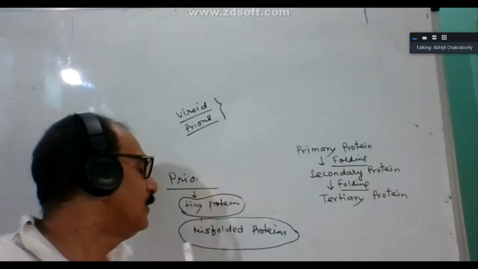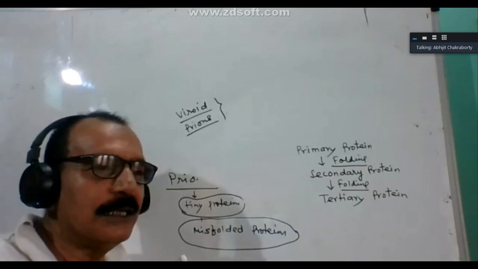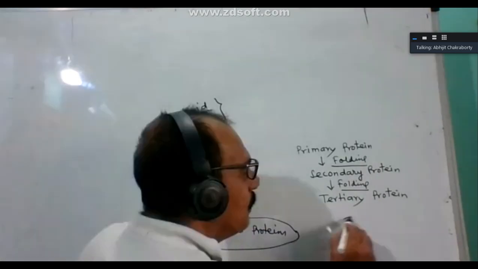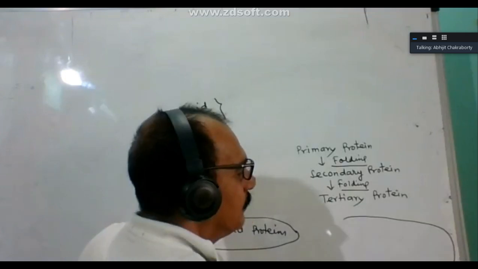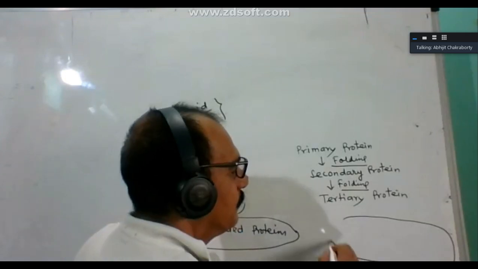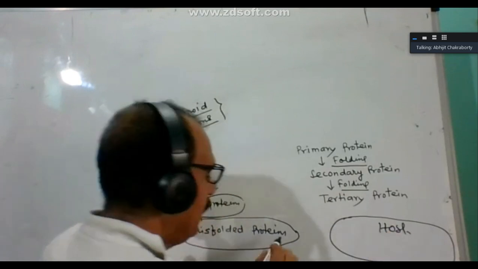So, in the host, suppose this is a host, if suppose this protein enters, suppose this is the protein, so this is the prion.